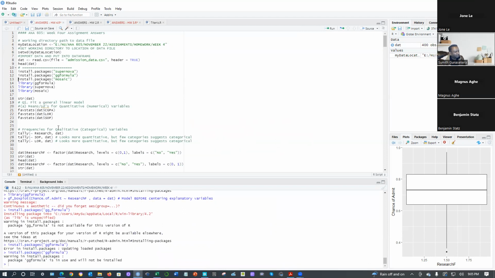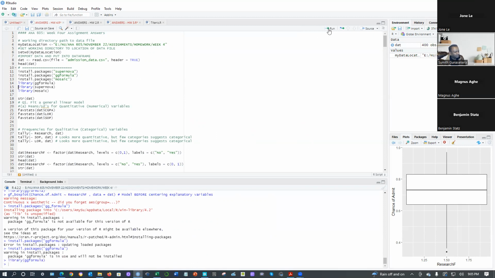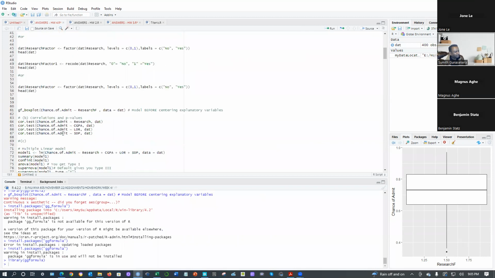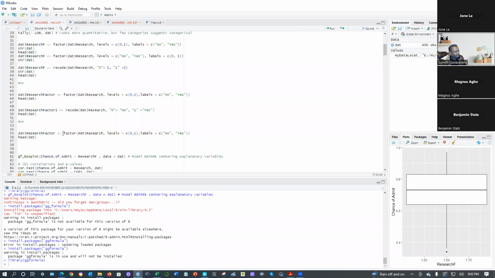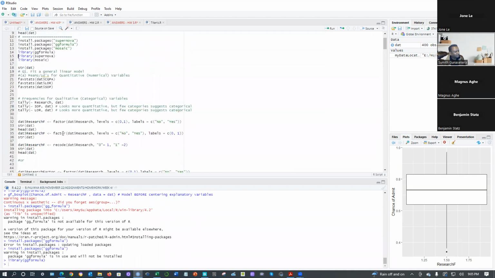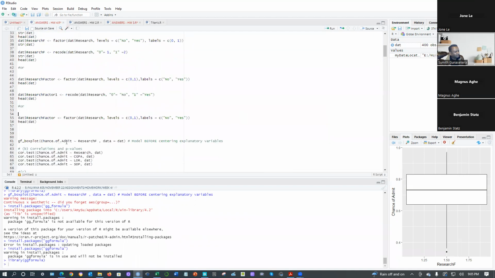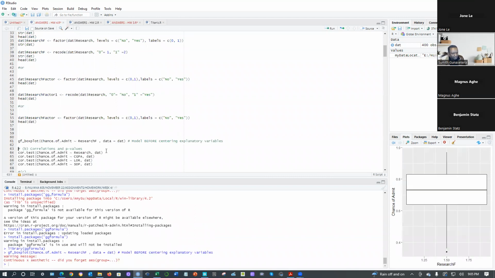Okay, it's use of library. Maybe Foxplot. What's going on over here?